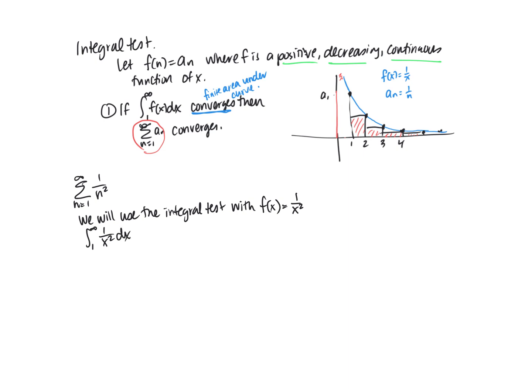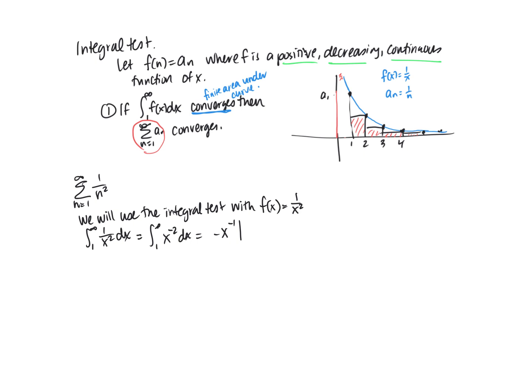And so I can integrate that function. I'm going to go ahead and write it as the integral from 1 to infinity of x to the minus 2 dx. Then I can just use the power rule for integration. So it's going to be x to the minus 1, so negative x to the minus 1. And I'm going to evaluate that from, well, I can't plug in infinity.